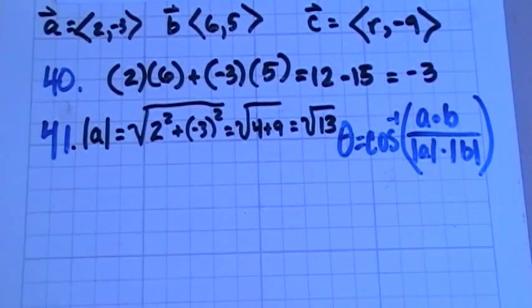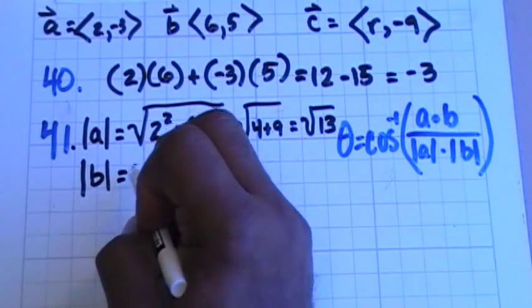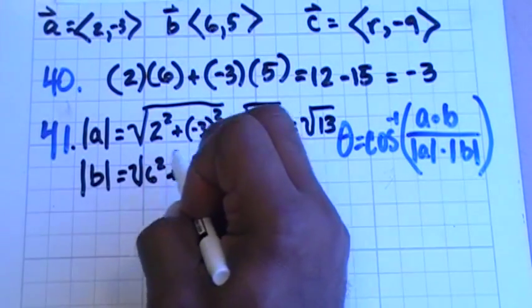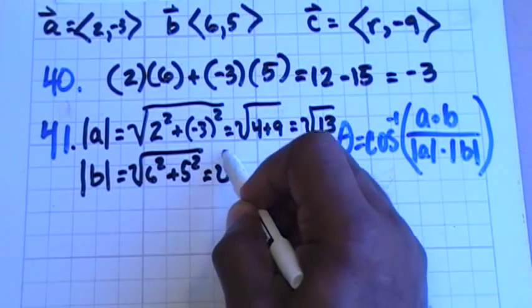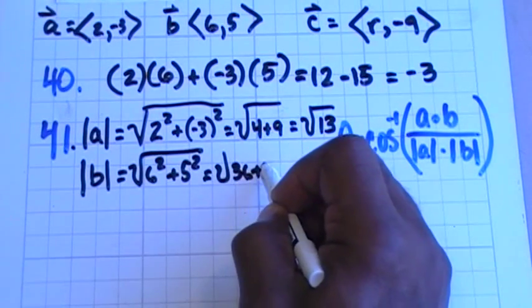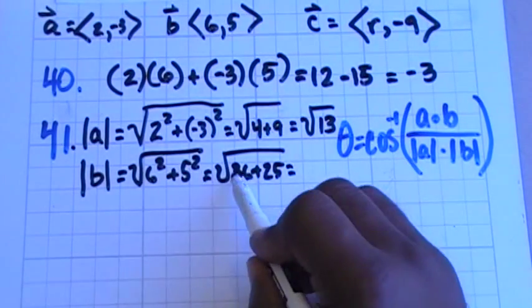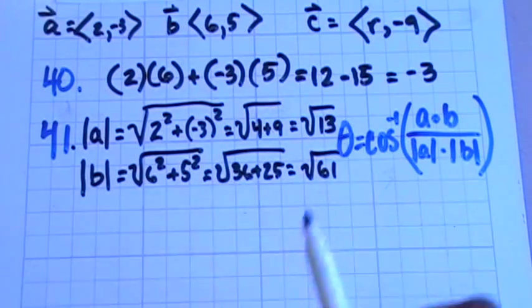And the magnitude of B is going to be the square root of 6 squared plus 5 squared, and that is the square root of 36 plus 25, which is 61. Square root of 61.